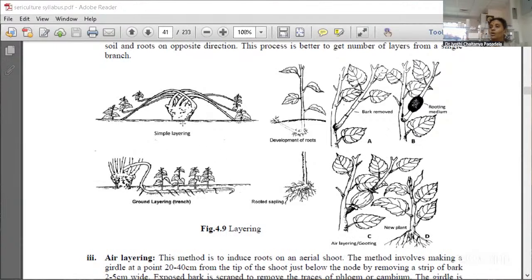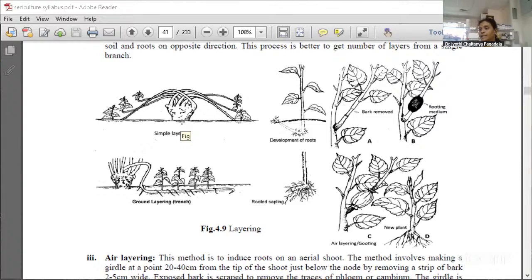In this, a lower branch, here you can see the lower branch, is bent and bark is removed to a length of 2.5 to 3 centimeters in the middle region of the branch. The branch is then bent slowly to the ground and the treated part is covered with soil, leaving the terminal end free and exposed. It is protected from dislocation by inserting wooden pegs or a fork.